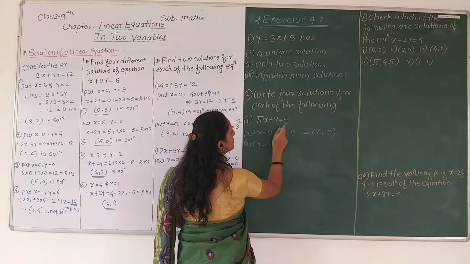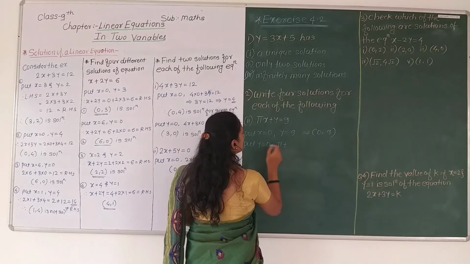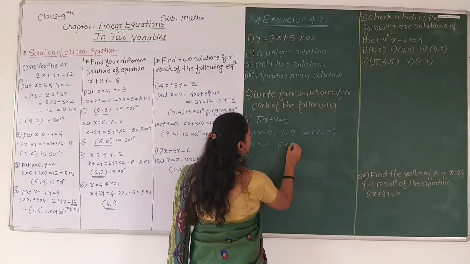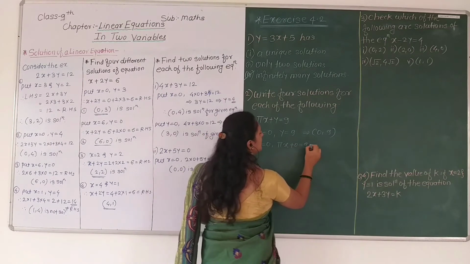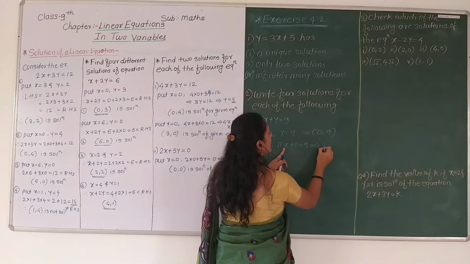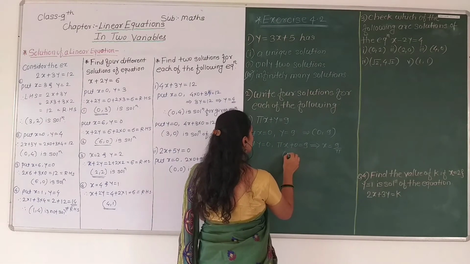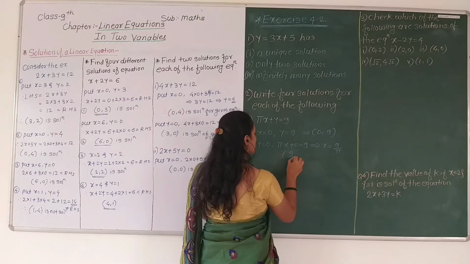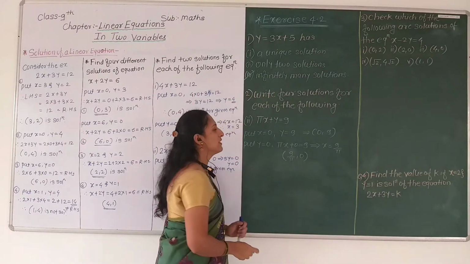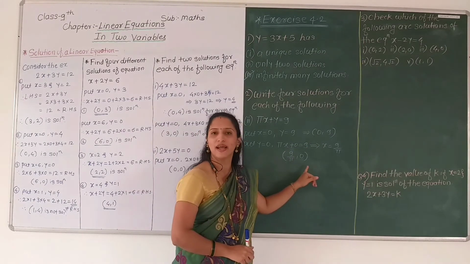Pi x plus 0 is equal to 9. That means x is equal to 9 upon pi. So we get the second solution, x is 9 upon pi and y is 0. So using the easiest way, we can find two solutions: (0, 9) and (9 upon pi, 0).